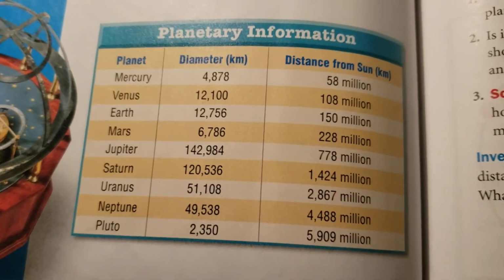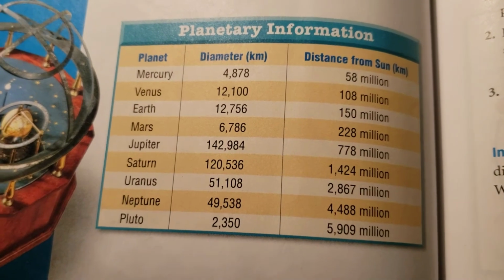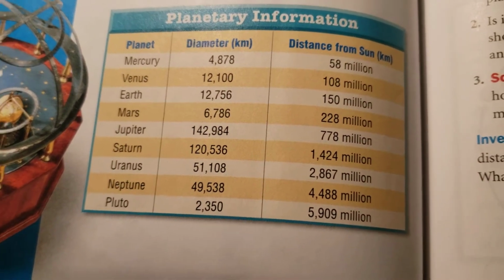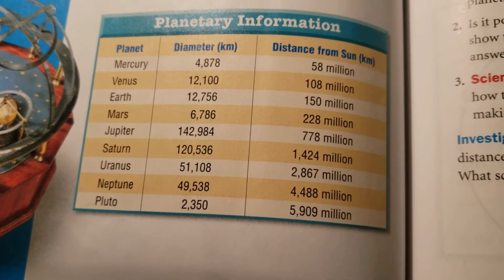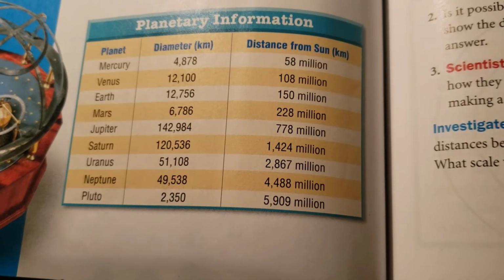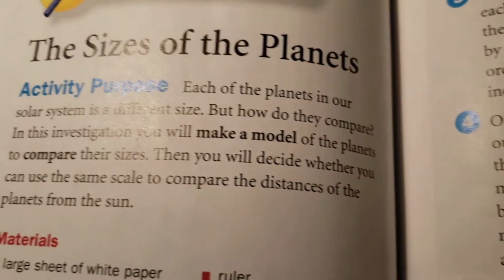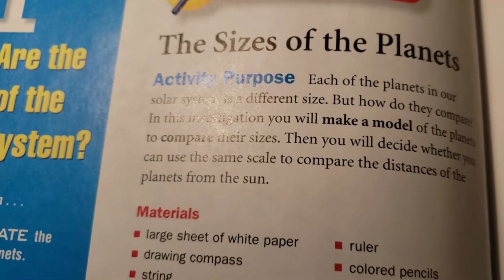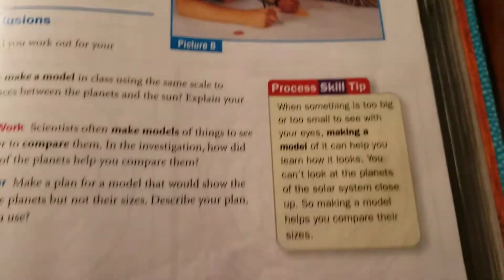We made our charts, and with all these numbers you can look for patterns, seeing which are smaller and which are bigger. But when you draw it out on a model, you can visually see the size differences, which is what we wanted to do.